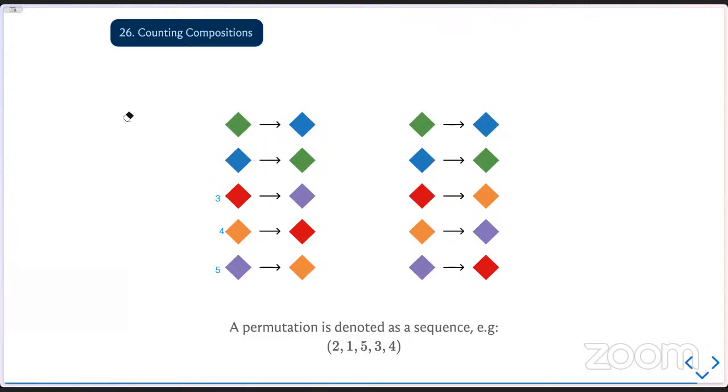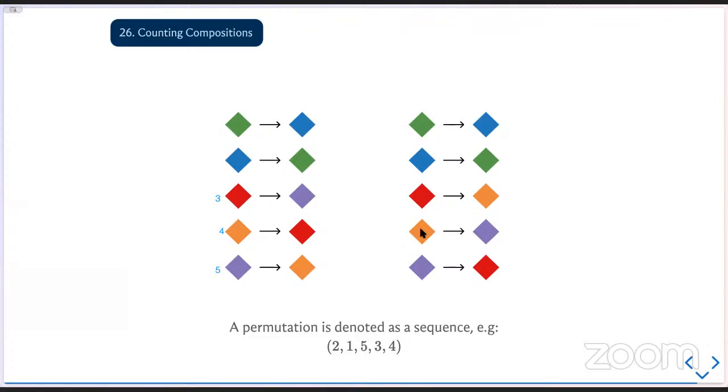Let's look at what's going on in the last 3 elements. What we have is, well, 3 goes to 5. So let's look at where 5 goes back to 3 here. 4 goes to 3, and 3 goes to 4, right? And 5 goes to 4, and 4 goes to 5.